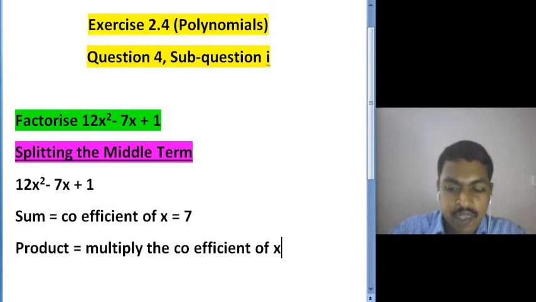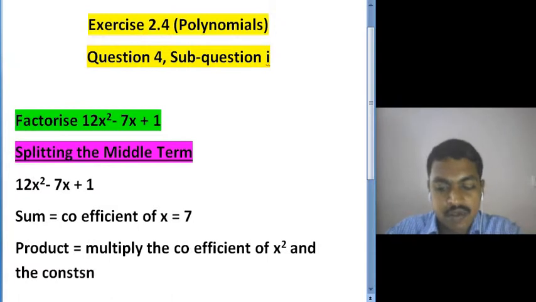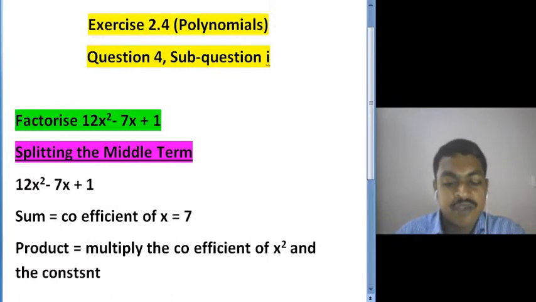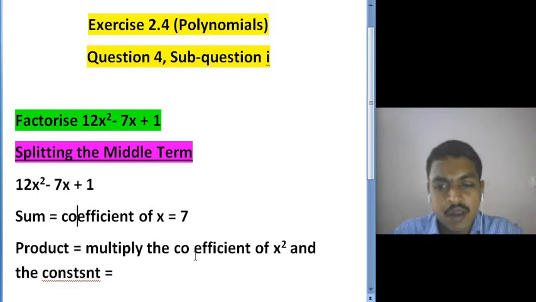So what is the coefficient of x square? You can see the x square here in the question.